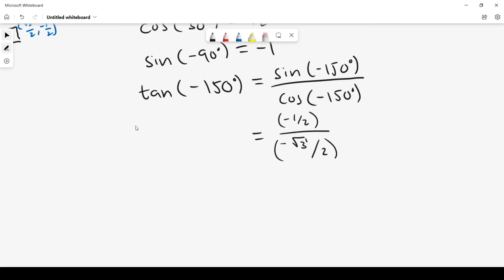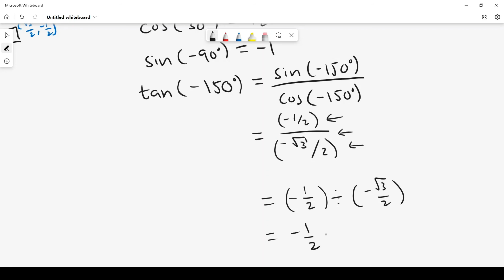And in total, if we simplify this, we're going to have a keep, change, and a flip. So this is, I guess just writing this out, -1/2 divided by negative square root of 3 over 2, which is equal to -1/2 times -2 over square root of 3.